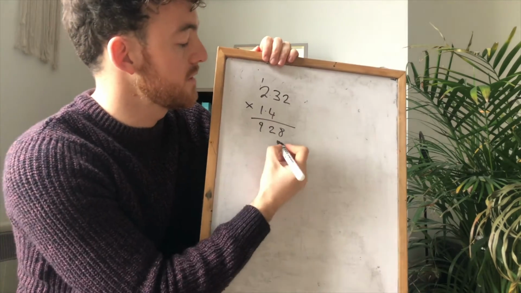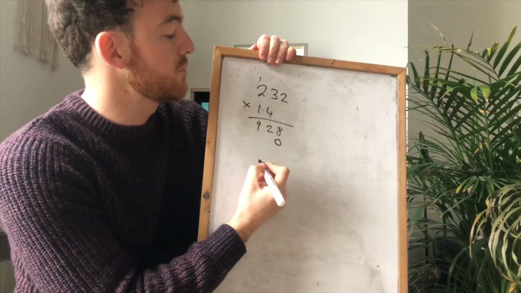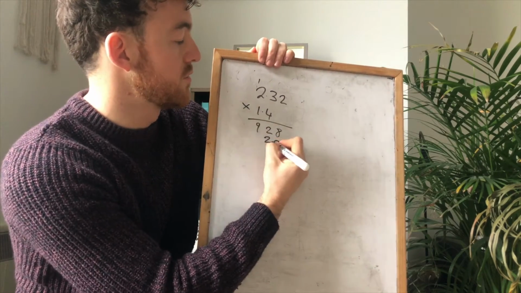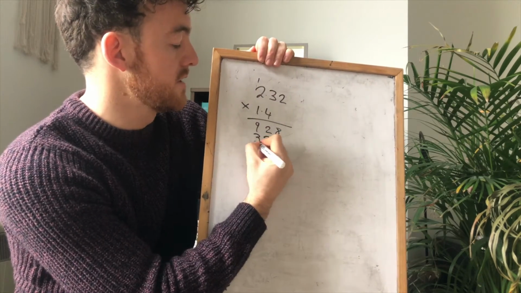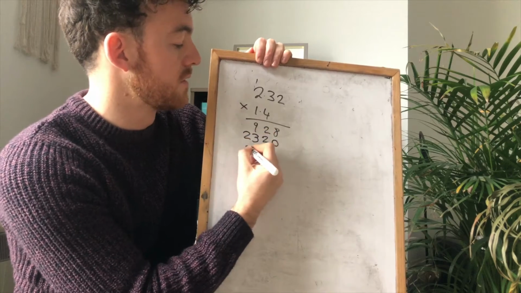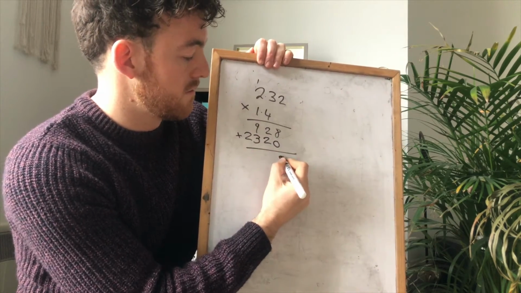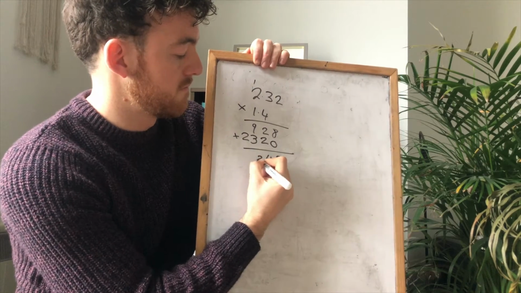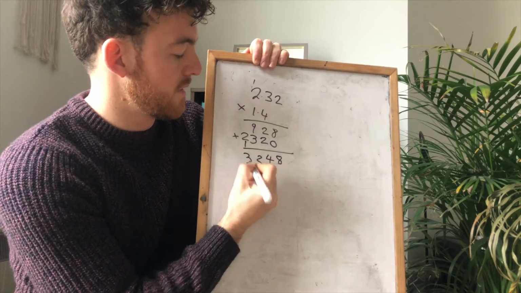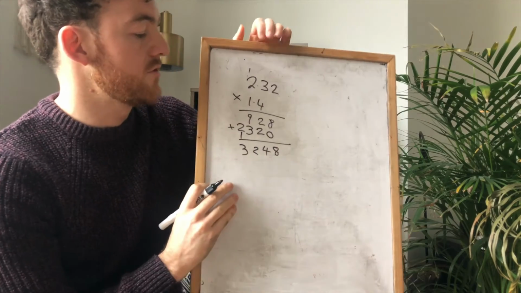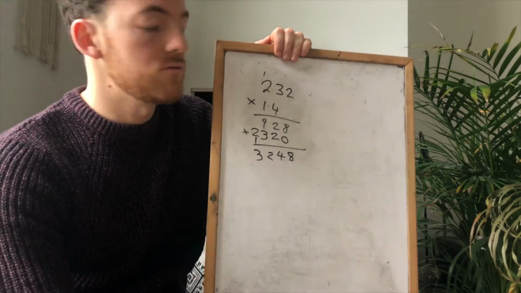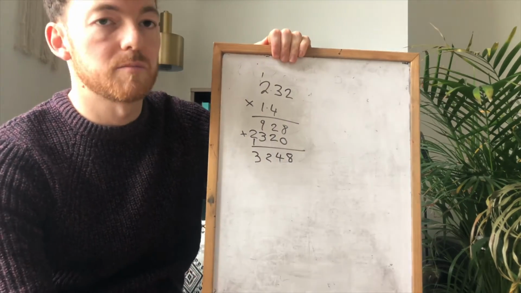Then multiply by this 1, which is 10, so 0 goes down. 1 times 2 is 2, 1 times 3 is 3, and 1 times 2 is 2. Add them up. I've got this 3,248. Let's apply that rule for when we multiply decimals by decimals.